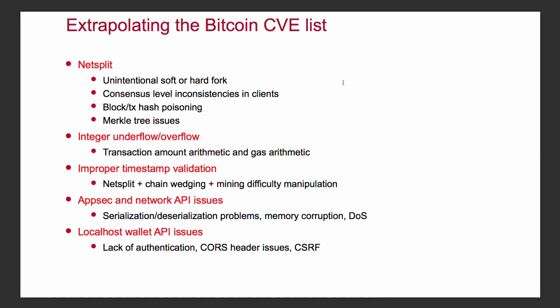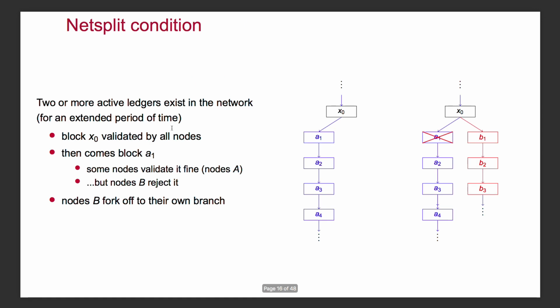And then some nodes that have not updated can't process my transactions, and there is a net split as a consequence. Now, there are other reasons, so we'll go in detail through the block, transaction, hash poisoning, and Merkle tree issues.